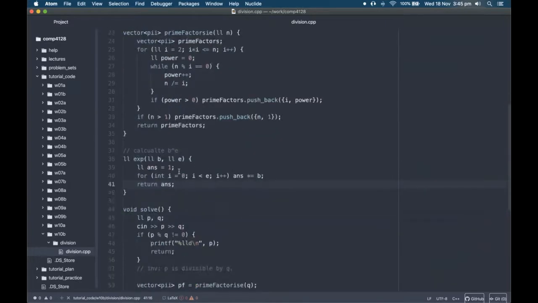You'll end up with something like this, right? You start off with answer, and then e times we're going to multiply our answer by b, and then we'll just return the answer. And this will be order e time.